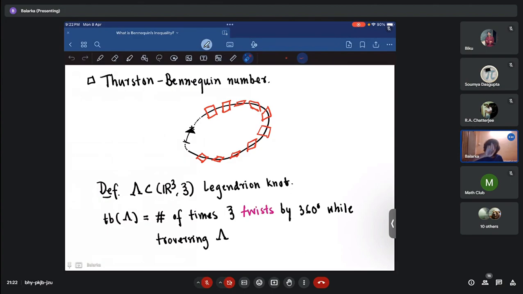You just go through the whole trajectory, do a full loop along the trajectory in your aeroplane, and see how many times the plane field twists along the trajectory. The contact plane field twists, right? That's the definitional property of the contact plane field. It has to twist. So how many times does it twist? Full 360-degree twists as you go around the knot. That number is called the Thurston-Bennequin number.